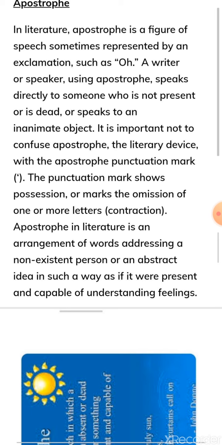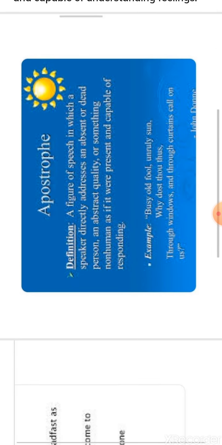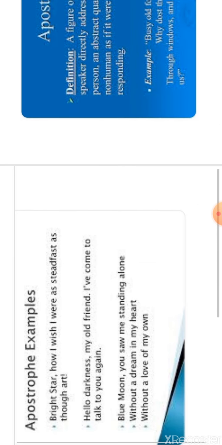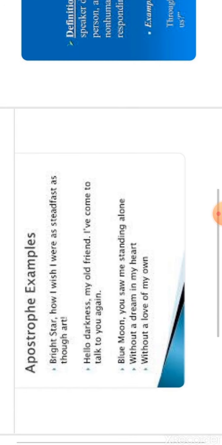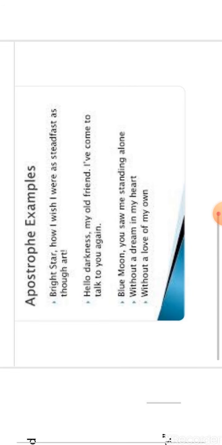Apostrophe in literature is an arrangement of words addressing a non-existent person or an abstract idea in such a way as if it were present or capable of understanding feelings. तो हम इनको इस तरह रिप्रेजेंट करते हैं, इस तरह शो करते हैं जैसे कि वो जो नॉन लिविंग ऑब्जेक्ट है वो प्रेजेंट है और वो रिस्पॉन्ड भी कर रहा है, whatever we are saying वो फीलिंग्स भी शो कर रहा है.